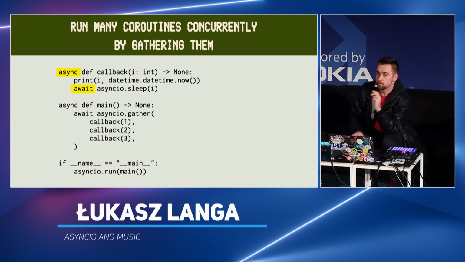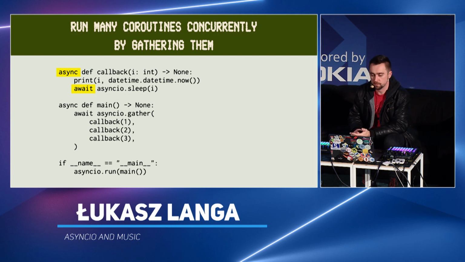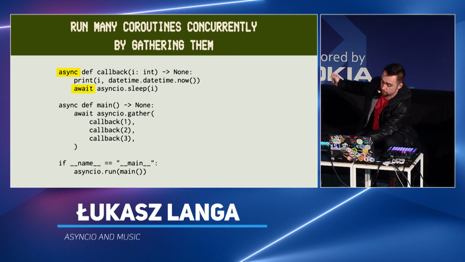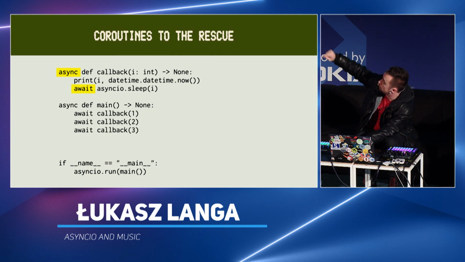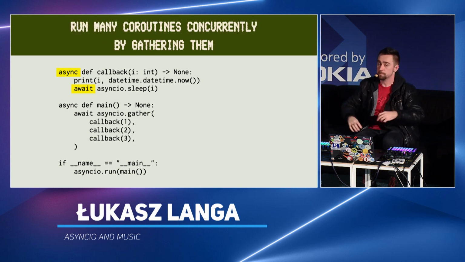In fact, if you're wondering what is this sort of magic, how does async and await actually work, we can again just look inside Python, which is open source, and see how those things are built. When you're creating a coroutine instance by just saying callback 1 or callback 2 or callback 3, if you're not awaiting on it, like we were on the previous slide, where we were awaiting on callback 1 and callback 2, then they're not actually running.